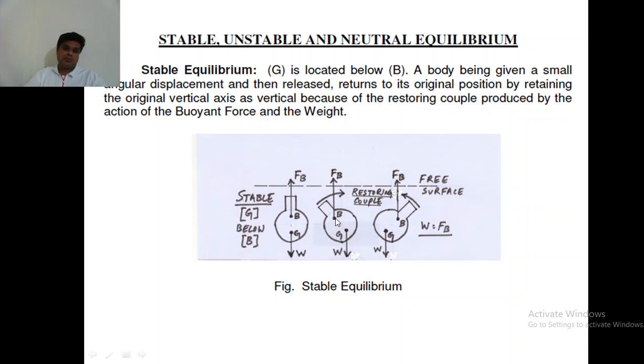Since the two forces act in opposite directions and are not in the same line, a couple will act on this object. This couple will try to twist the object back to the equilibrium condition, to the original position.